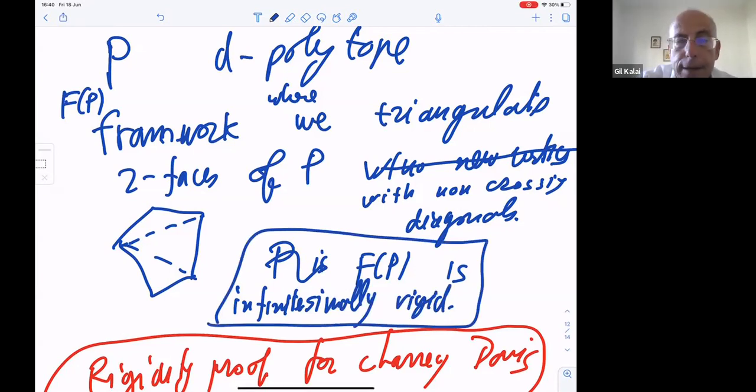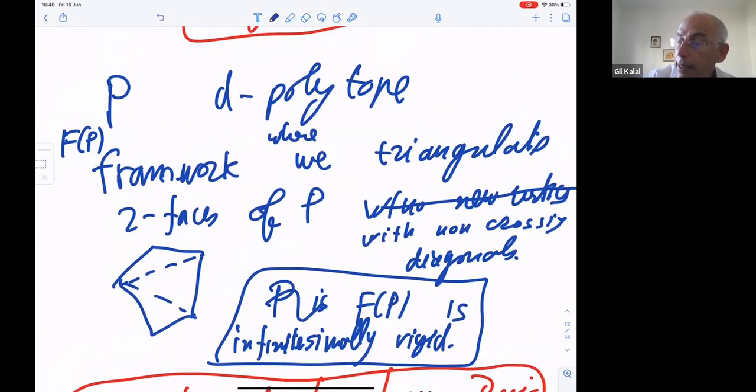And I think I mentioned the earlier result, which said that simplicial polytopes in free space are infinitesimally rigid. So even in free space, this is more general than that result. I think in 3 dimensions, it's due to Alexandrov. And the proof in higher dimension is a very ingenious Whiteley proof. And I can tell you the basic idea.